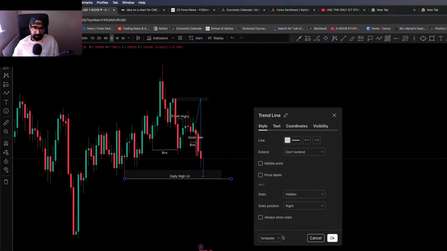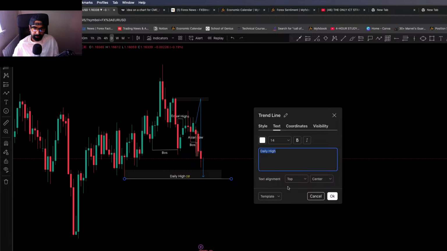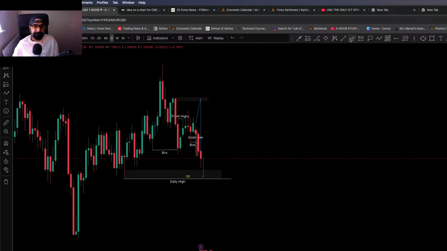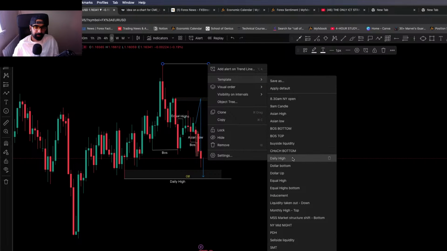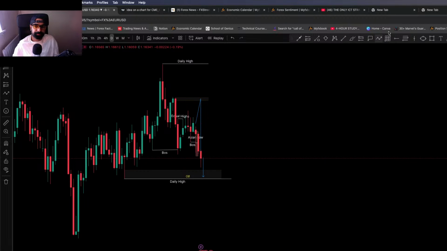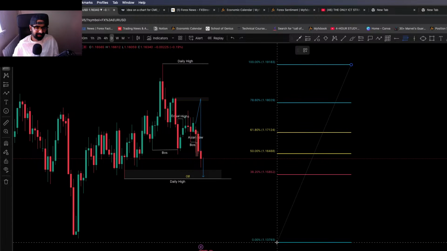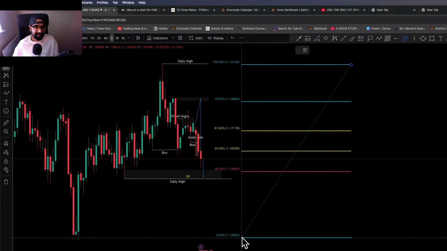Leave it like this, and bottom, that's it, yeah. Okay. And that's the daily high. Sometimes the easiest task can be the hardest task.